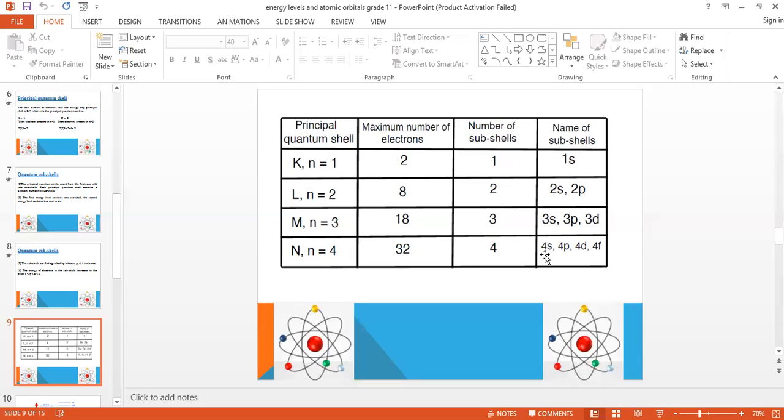Understand? So I will explain now what is the difference between these 4s and 4p. Okay, 4d and 4f neglect, no need. Till 4s maximum. But I wrote this only to explain the difference between 4s and 4p.